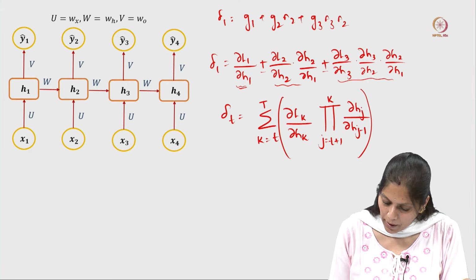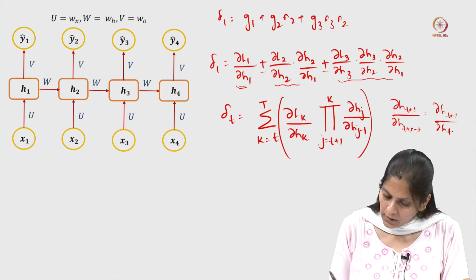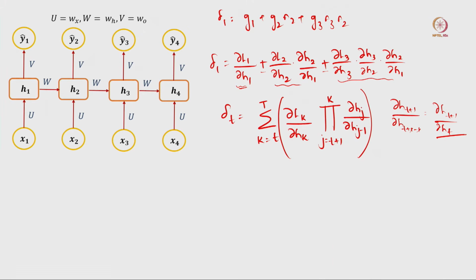So, substitute back in this, when j value is t plus 1, is it not h t plus 1, and here you substitute derivative of h j, j is t plus 1 minus 1. So, is it not we are getting back to h t, back to our 1. So, this is important concept.